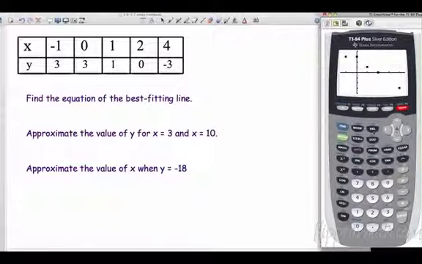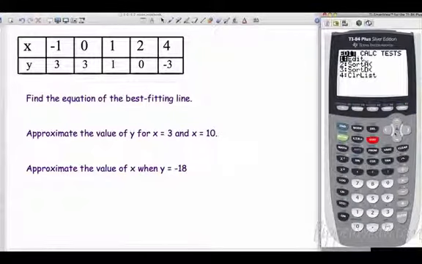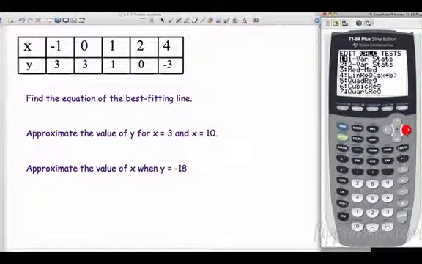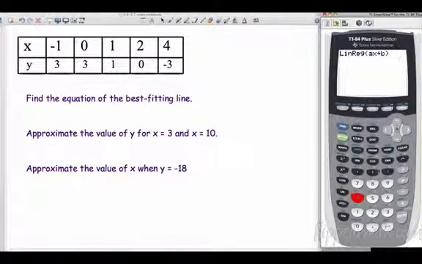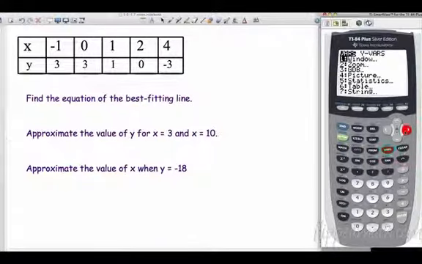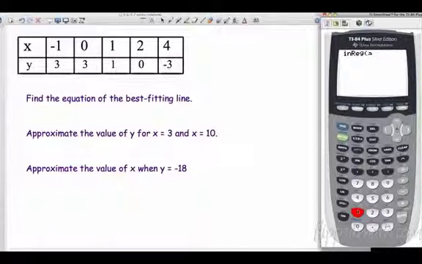Let's find our line of linear regression. I'm going to hit Stat, Calc. I want number 4, linear regression. Remember, I want to go to Vars, then Y-Vars, Function, and Y1. Press enter.